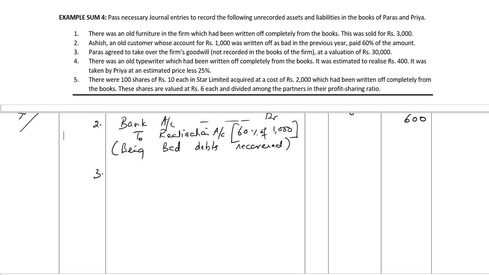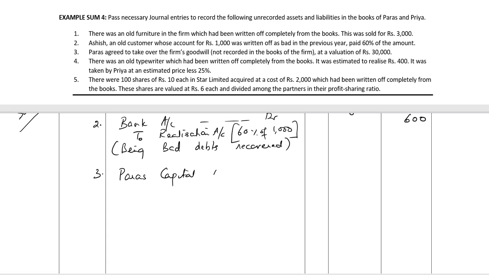Question 3. Paras agreed to take over the firm's goodwill, which was not recorded in the books of the firm, at a valuation of 30,000 rupees. So, partner taking over unrecorded asset, Paras capital account debit to realization account, 30,000 rupees.